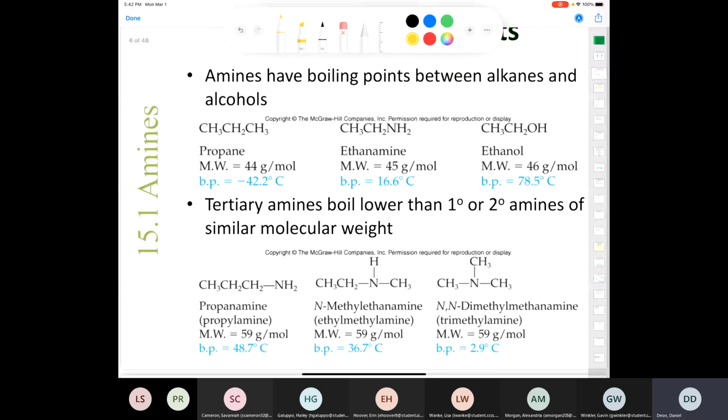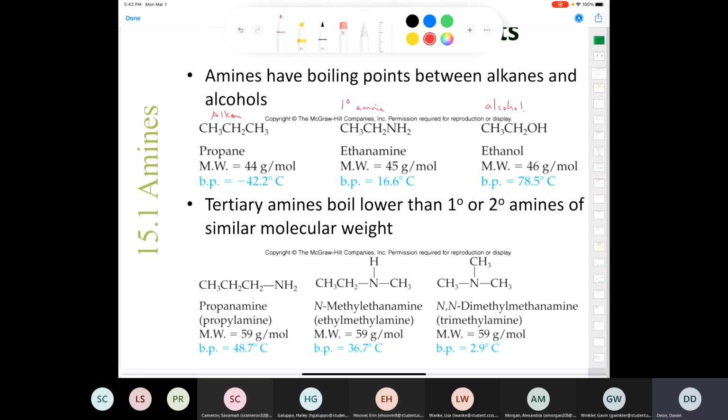Well, since the dipole between nitrogen and hydrogen is lesser than that dipole between oxygen and hydrogen, it tells us that the hydrogen bonding in amines is going to be weaker than the hydrogen bonding in an alcohol. If we compare the boiling points of these 3 compounds here, we're comparing an alkane, which is propane, with a primary amine and an alcohol.